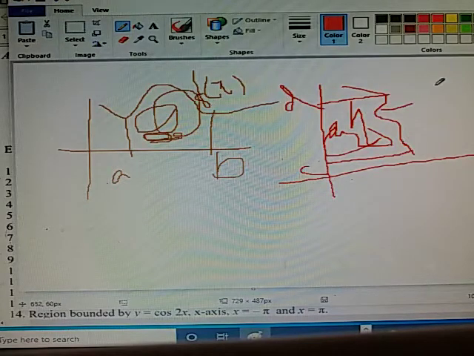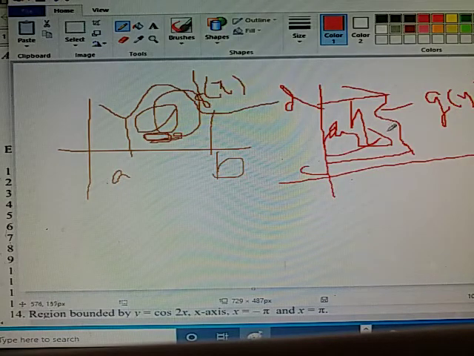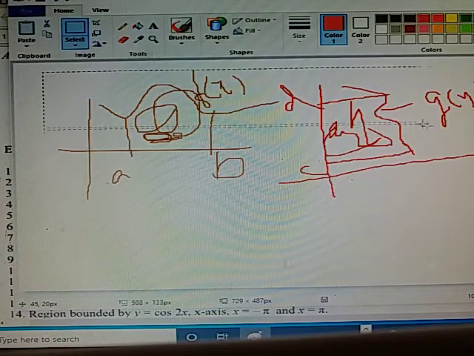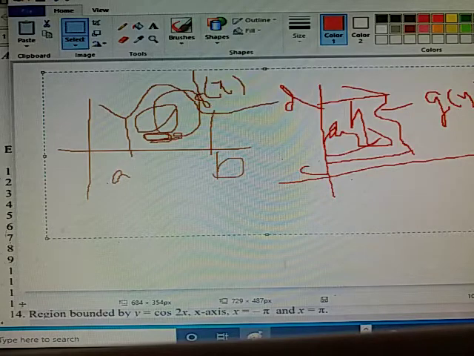This is the curve g(y), y is varying, and corresponding to this y we have values of x here. So x is equal to g(y), and this is the formula for area.